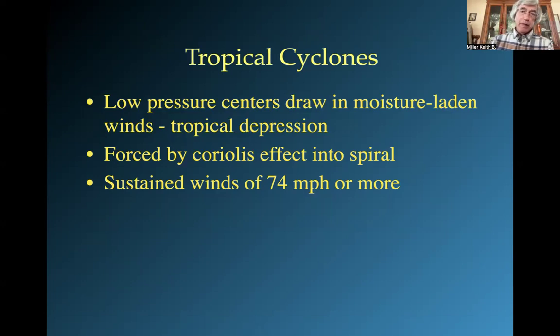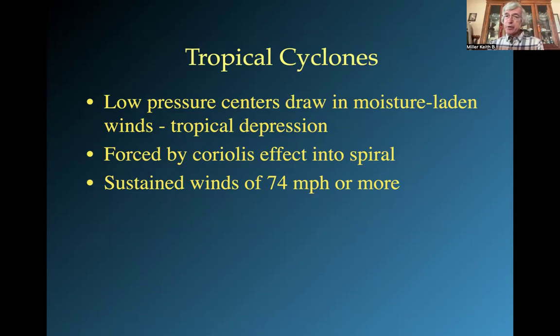So lastly, the last type of storm I'm going to talk about are tropical cyclones that we call hurricanes. They're called different things in different parts of the world. We call them tropical storms and hurricanes.